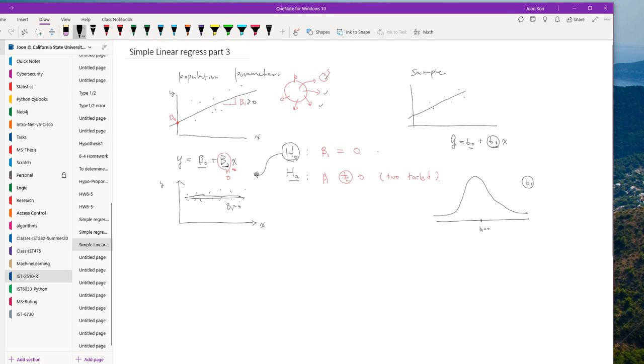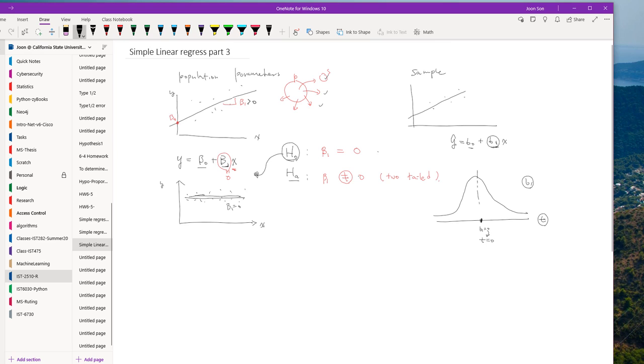Since we don't know the population variance, we have to use the t distribution. So let's say this is our t distribution, and the center value is always t equal to 0. We convert this B1 to a t value, then the center is always 0.